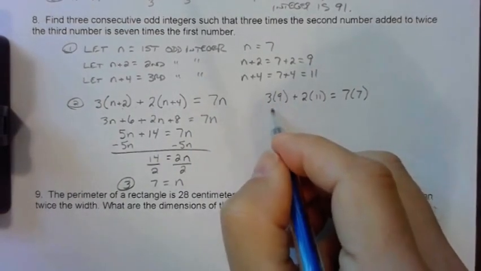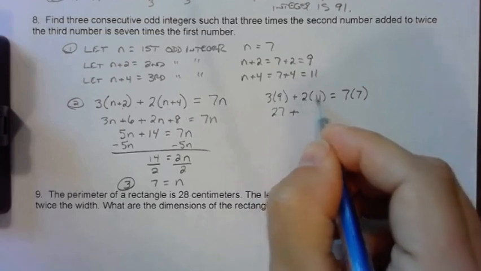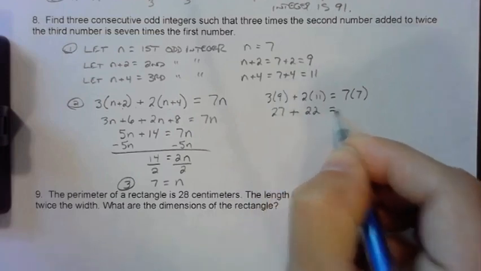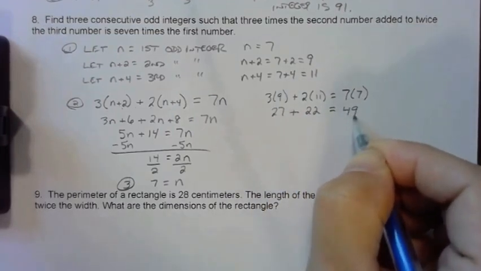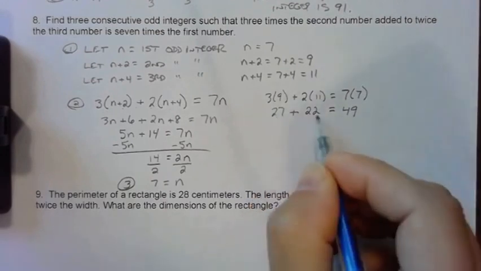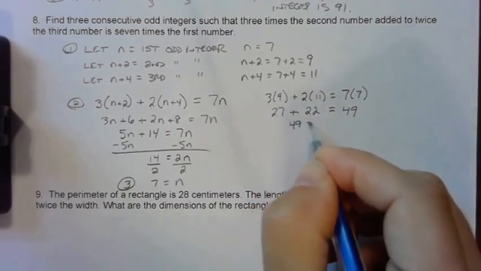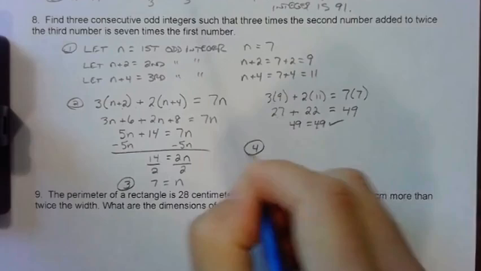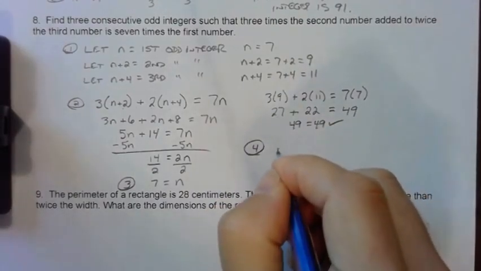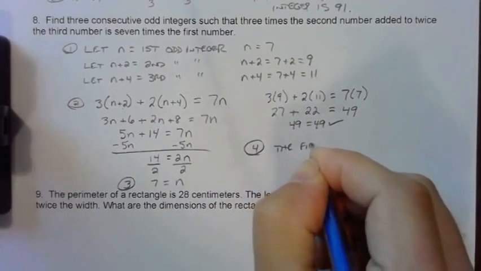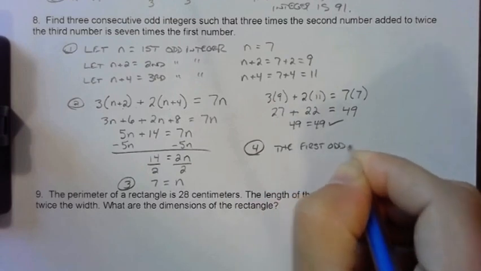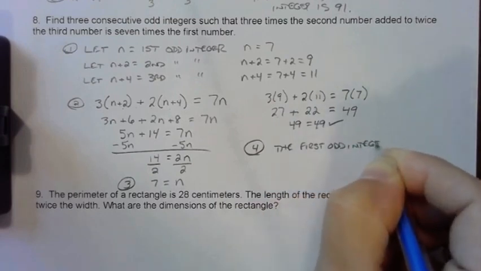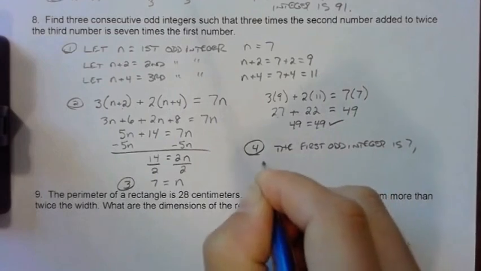3 times 9 rather is 27, plus 2 times 11 is 22, equals 7 times 7, which is 49. And 27 plus 22 is 49. 49 equals 49, so the numbers work. All right, so let's write down what those numbers are. Step 4, the first odd integer is 7.